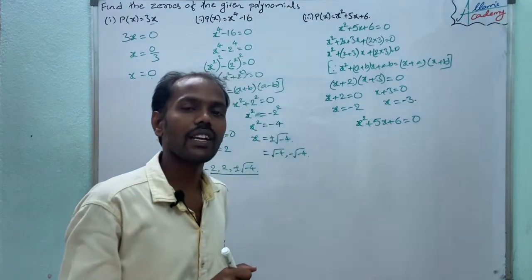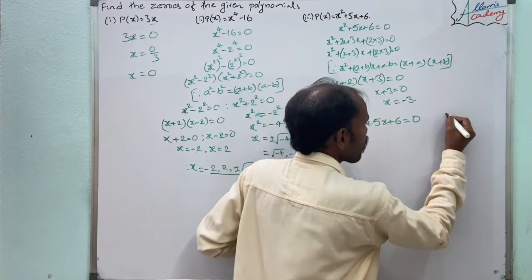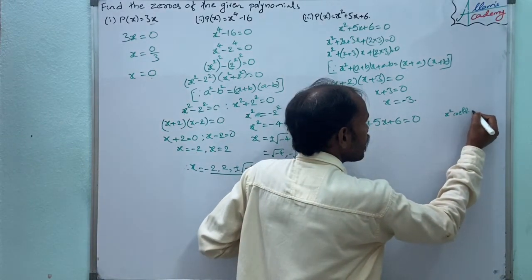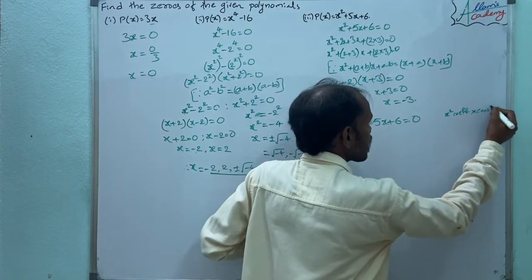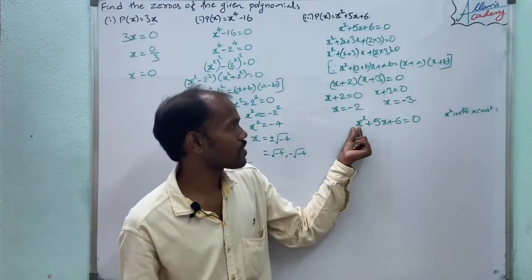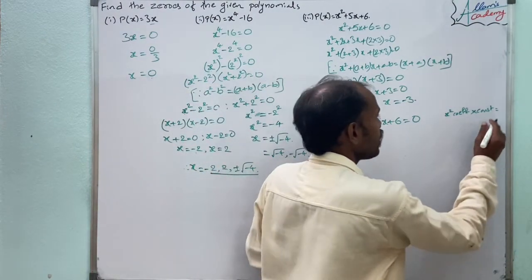For factorization, we want to take the x square coefficient into the constant term. Here the x square coefficient is not written, so it is nothing but 1.